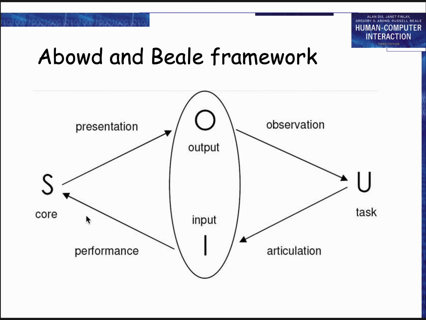Okay, the system will then present an output, and then the user will try to observe and interpret whether this is what I'm looking for, whether this is what I want to do. Okay, so that's it. It's still quite a user perspective, but it now has involvement of interfaces.